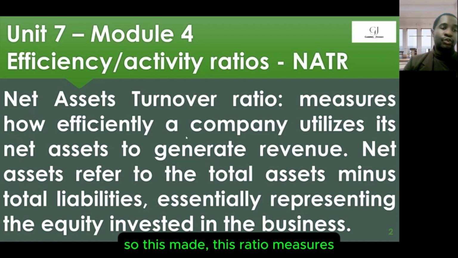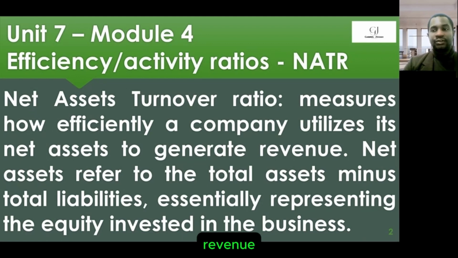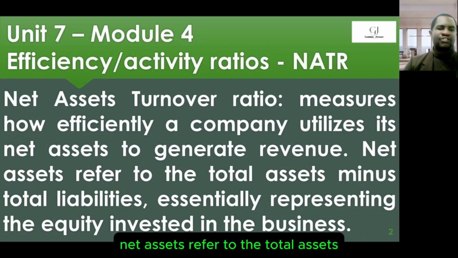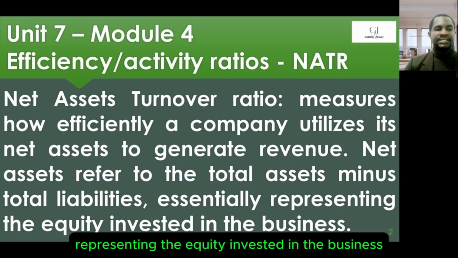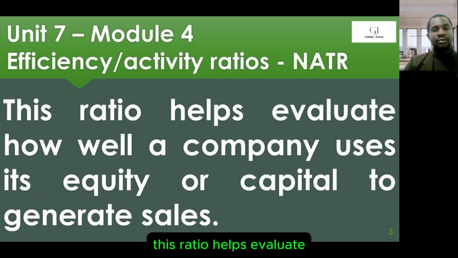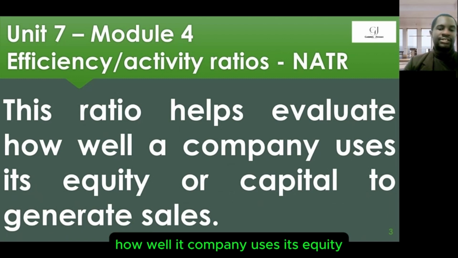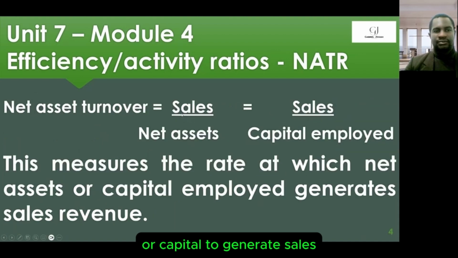So this ratio measures how efficiently a company utilizes its net assets to generate revenue. Net asset refers to the total assets minus total liabilities, essentially representing the equity invested in the business. This ratio helps evaluate how well a company uses its equity or capital to generate sales.